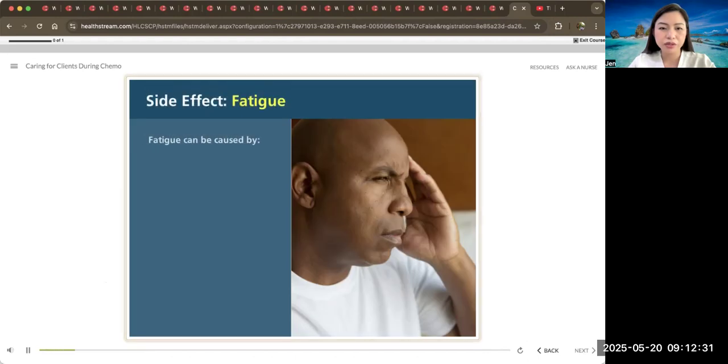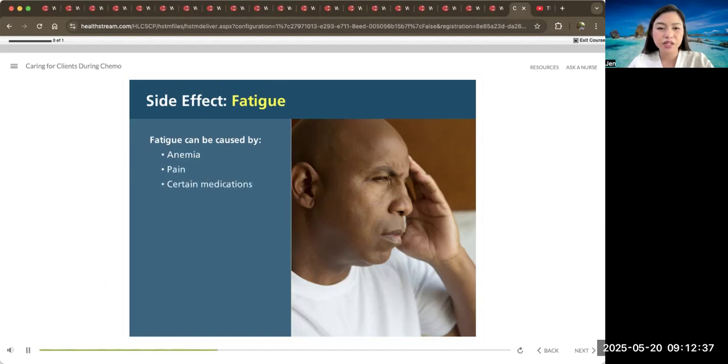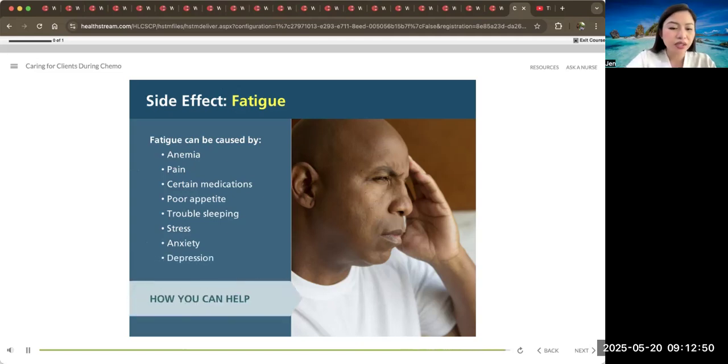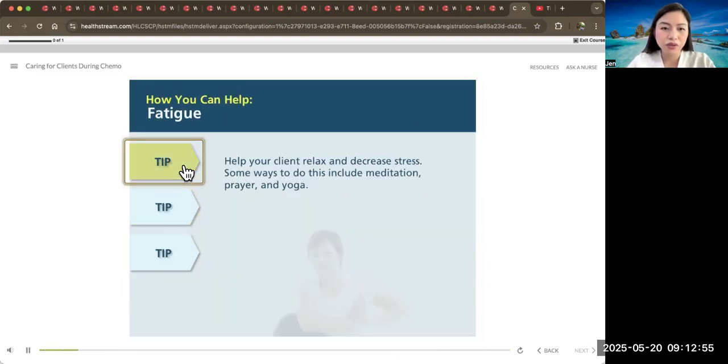I forgot to screenshot. So, fatigue can be caused by anemia, pain, certain medications, poor appetite, trouble sleeping, stress, anxiety, depression, and these are the ways for you to help.